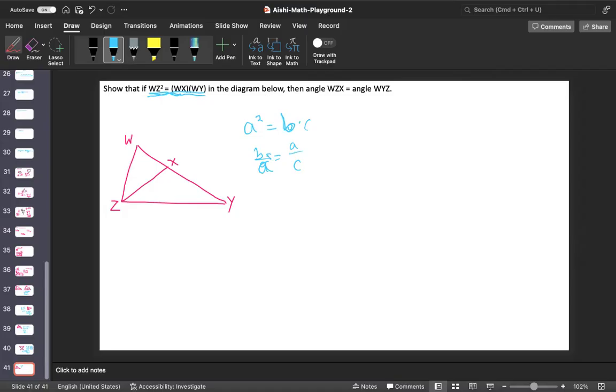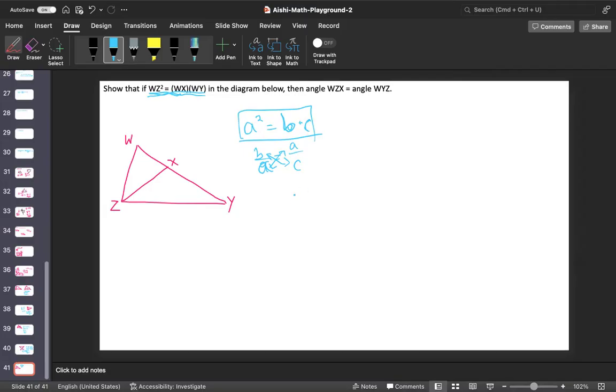Then we can cross multiply and we would end up with this original equation. So let's use the same thing for the equation that we're using in this question.